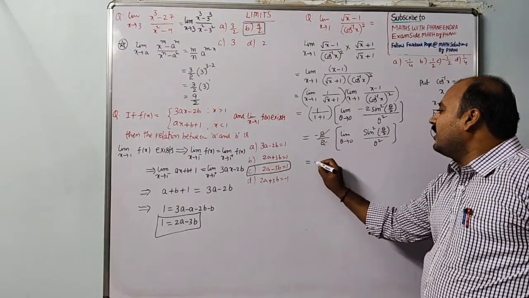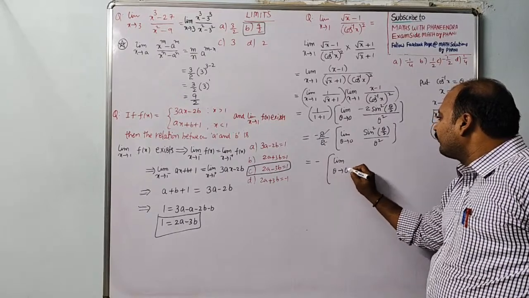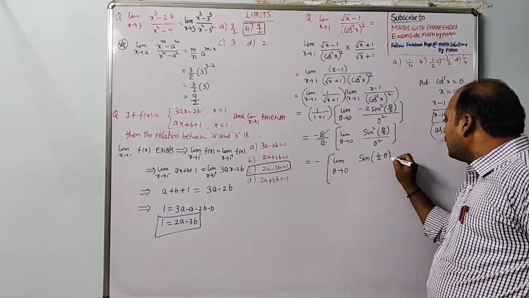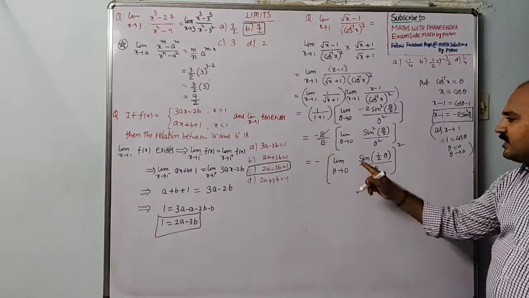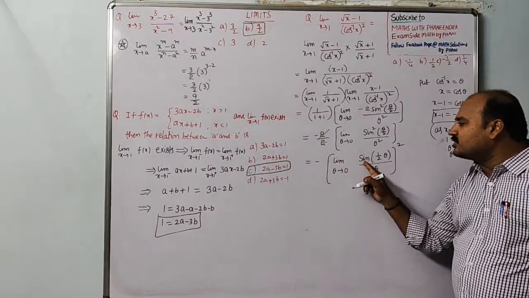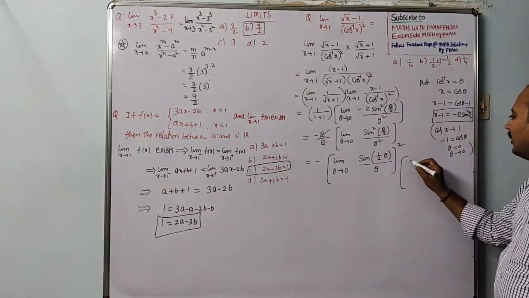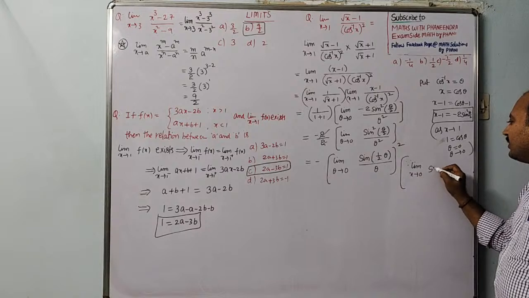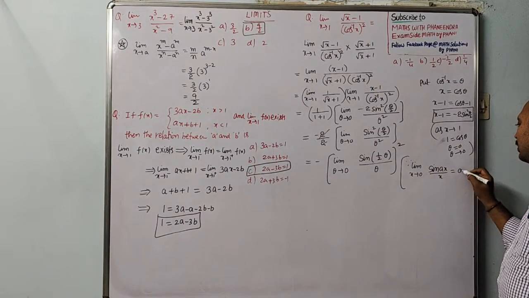So it will be minus limit theta tends to 0, sine of 1 by 2 theta divided by theta, whole square. It is in the form of limit x tends to 0, sine ax by x. We have the formula limit x tends to 0, sine ax divided by x is equal to a.